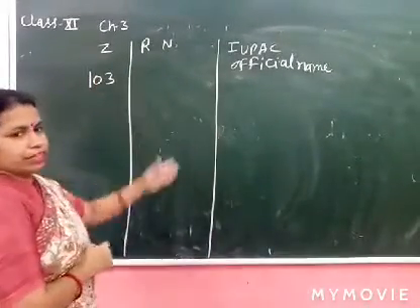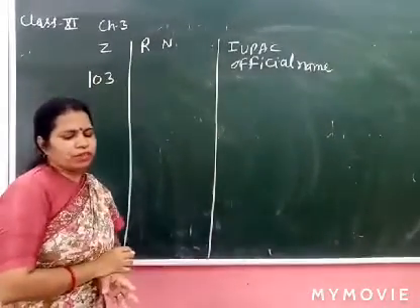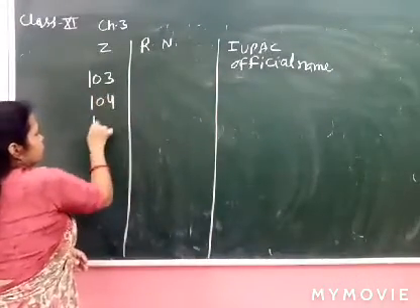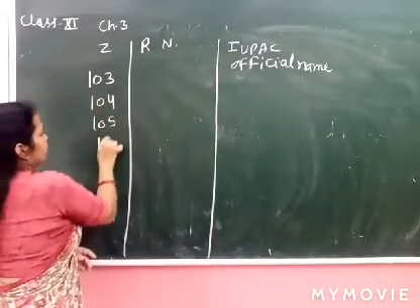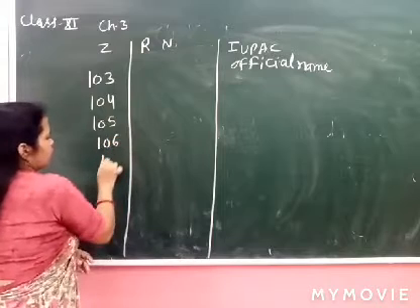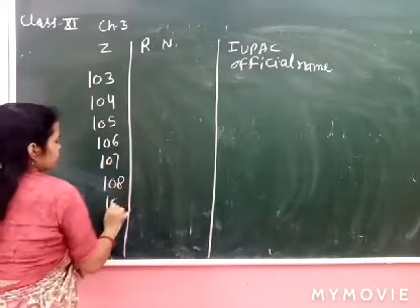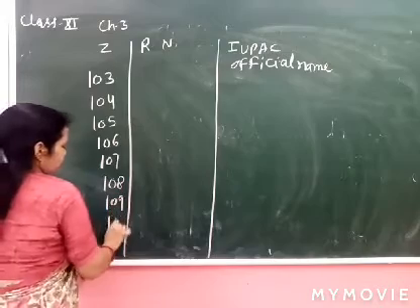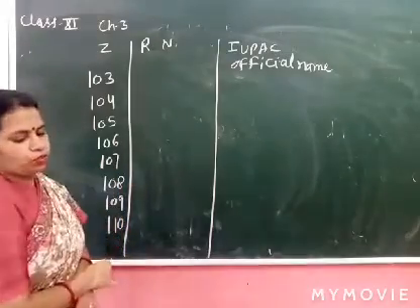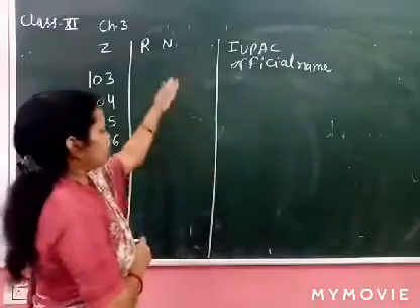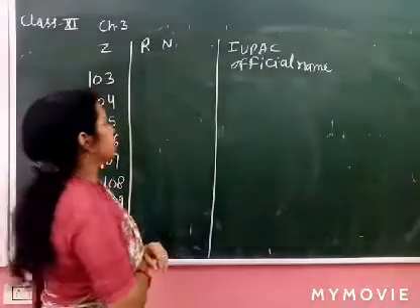So you have to write down all the names. It's your homework: 104, 105, 106, 107, 108, 109, 110. I will tell you the official names, and you have to write down and complete this table.